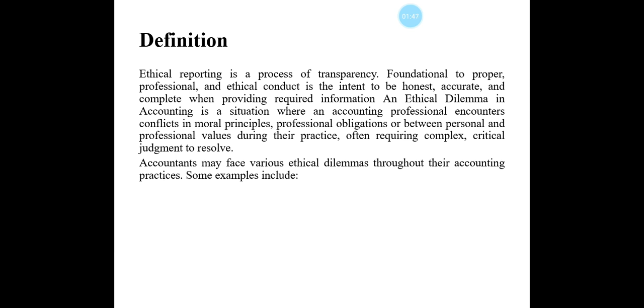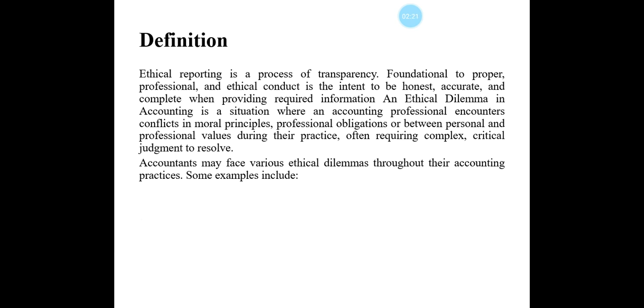Here, the employee or the worker should decide whether to choose his position or his work, or to choose his principle or his morals, often requiring complex critical judgment to resolve some problems. So an accountant may face various ethical dilemmas throughout their accounting practice.